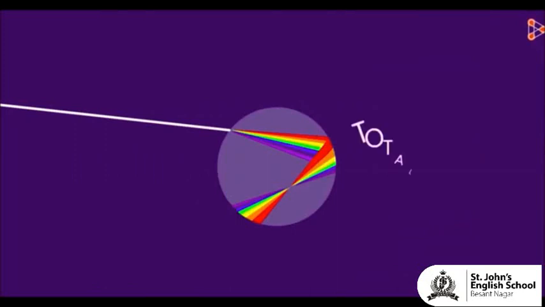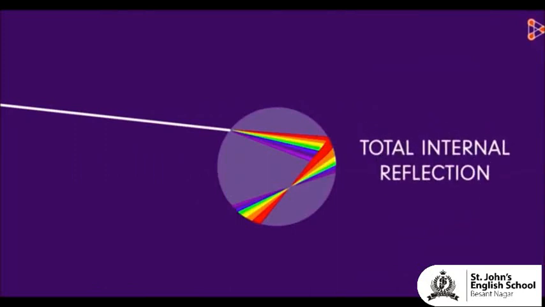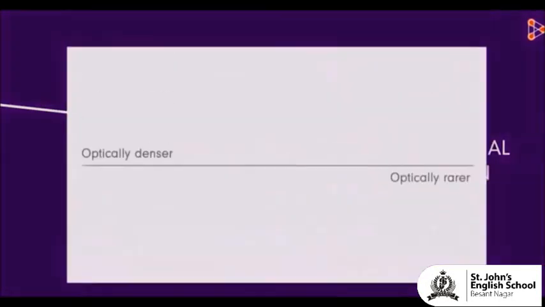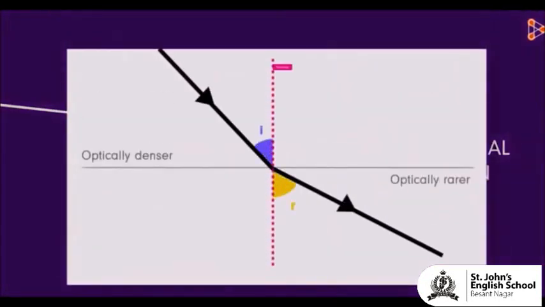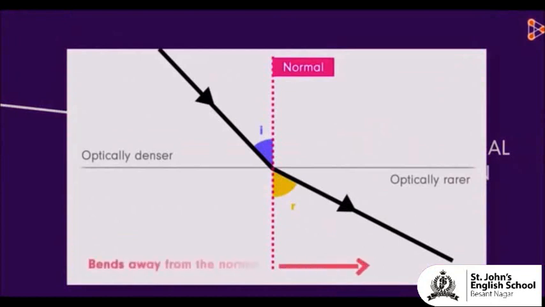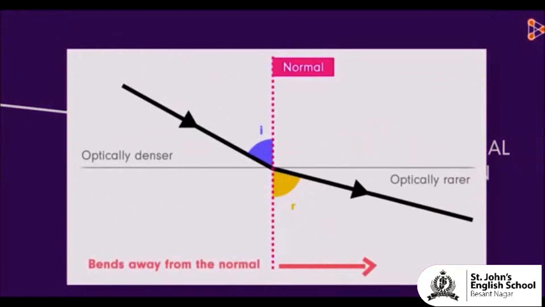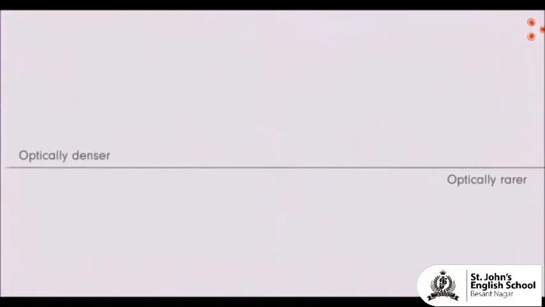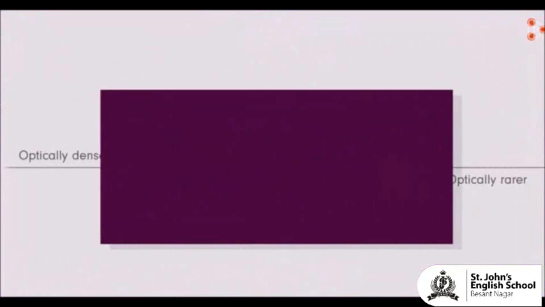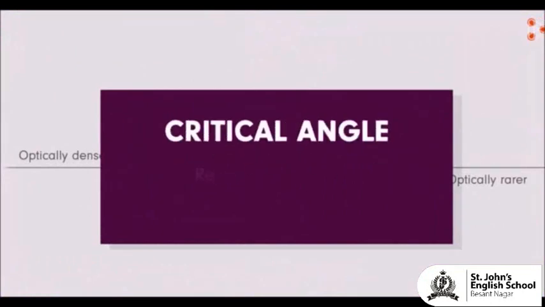Total internal reflection means complete reflection of a ray of light within a medium such as water back into the medium. The phenomenon occurs if the angle of incidence is greater than a certain limiting angle, that is the critical angle.